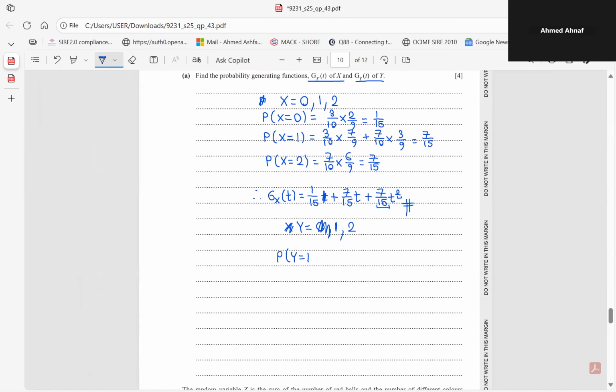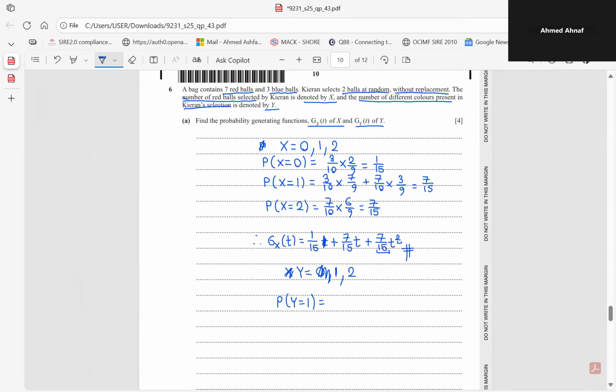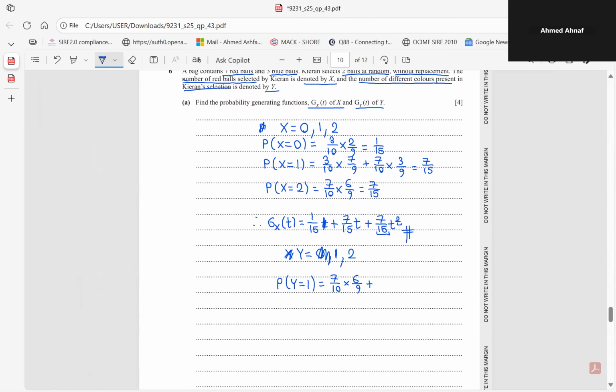So probability of Y equals 1. That occurs when both balls are either red or blue. So let's find the probability of the case when both of them are red. That's 7/10 times 6/9, plus the case when both balls are blue, that's 3/10 times 2/9. So that's 8/15.